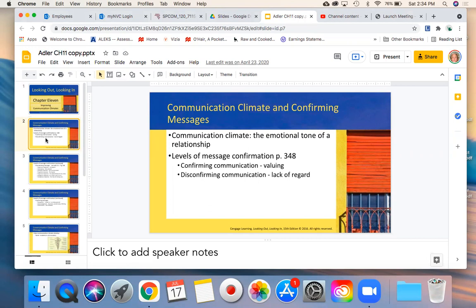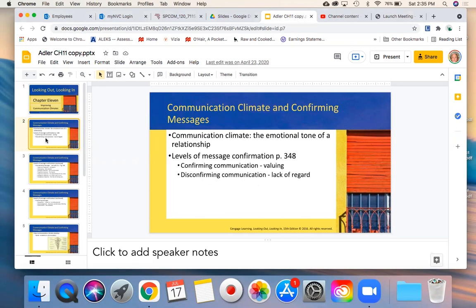It depends on the two people that you're characterizing. You might think about what the communication climate is between your parents, for example, or a couple that you know. And then there are levels of confirmation, which you'll find on 348.